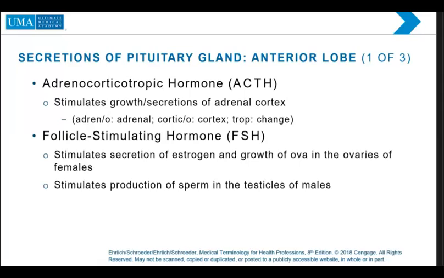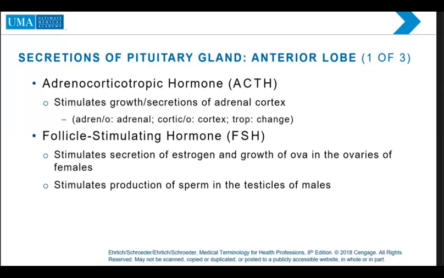Secretions of your pituitary gland. You have your adrenocorticotropic hormone, abbreviated ACTH, and this stimulates growth and secretions of the adrenal cortex. And you see here they did break this word down for you. Adreno means adrenal, cortic means cortex, and tropic means change.